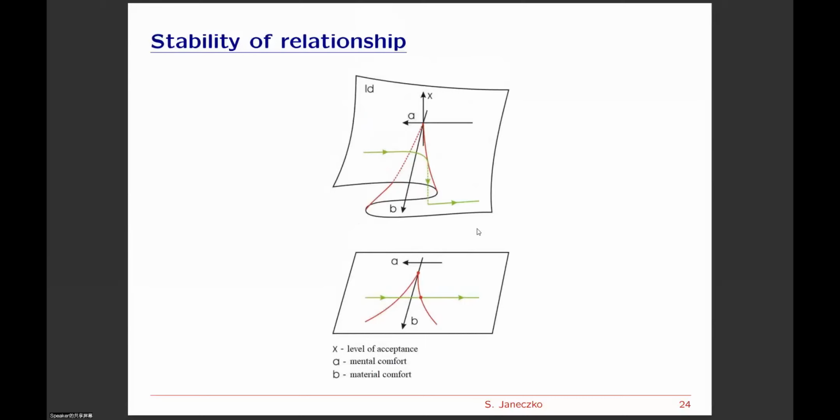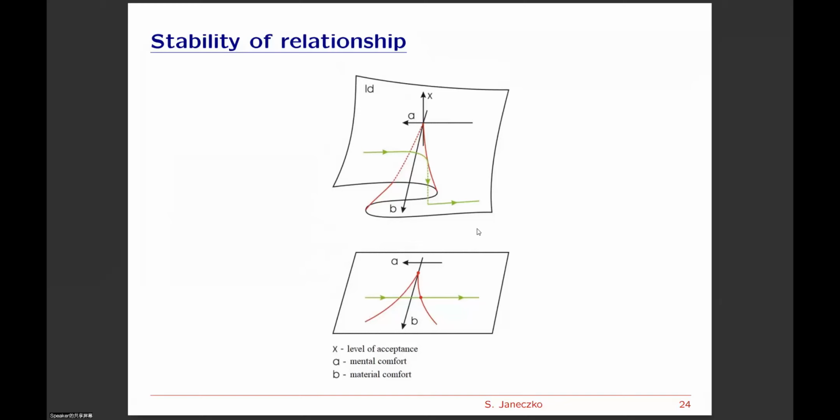But if you change B going to 0, so material comfort is less, then she never rejects you. If you keep A, because if A is positive here, of course she will accept you a bit less, but always positive. Always positive. This is the idealist.